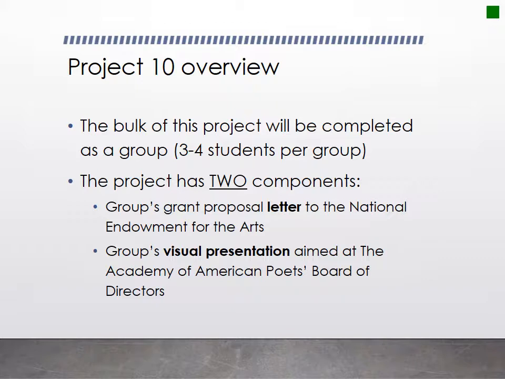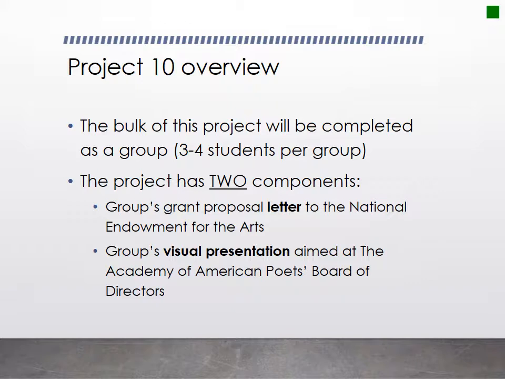You'll be doing 2 things. You'll be writing a grant proposal letter from the Academy of American Poets to the National Endowment for the Arts to meet the criteria for a media arts grant from that organization. You'll also be creating some sort of visual presentation that has a different audience.